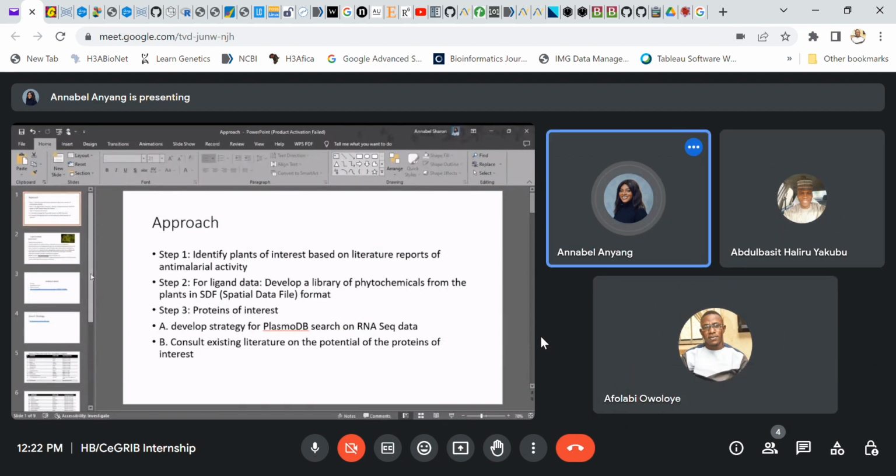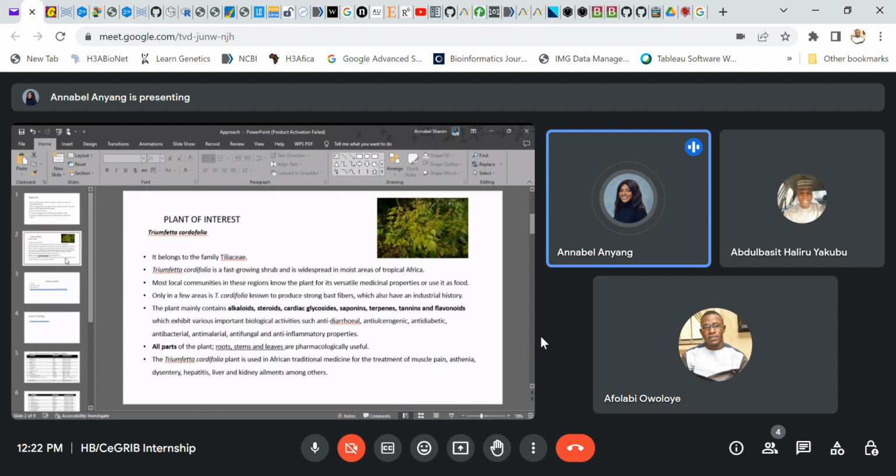Okay. So far this is sort of what I've done, an overview of the results. I started with identifying my plant of interest, and from there I went to developing the library and thinking of the strategies to find the protein of interest.